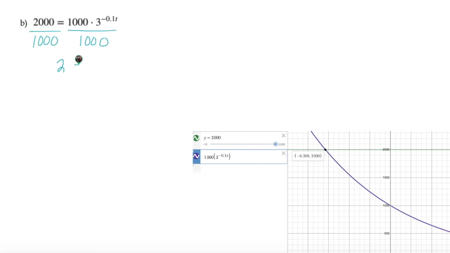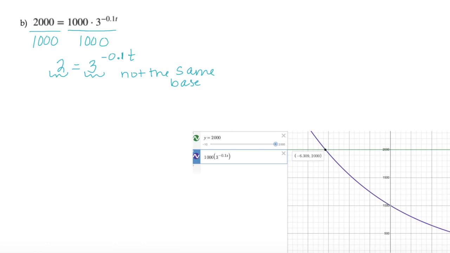Therefore, 2 would have to be equal to 3 to the power of negative 0.1t. We have a problem at this point. Our bases are not the same. So we can't follow the same technique that we did for part A.